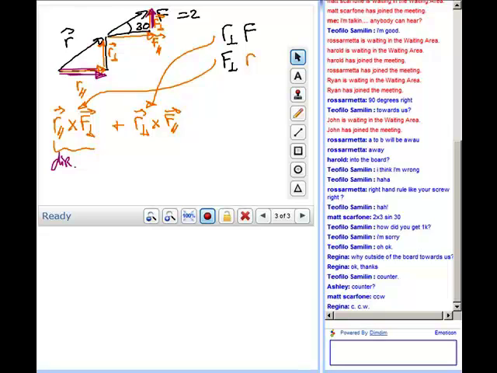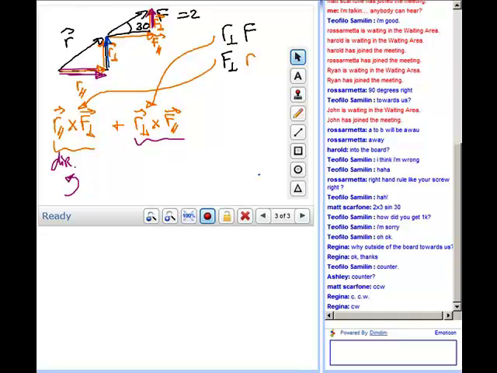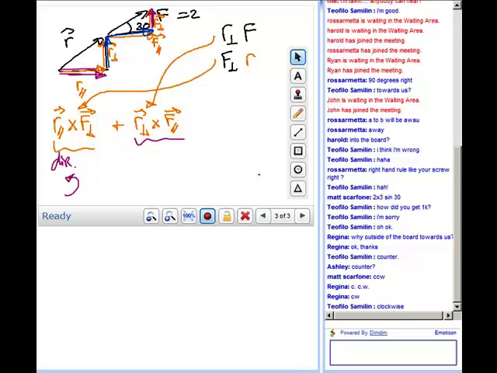Counterclockwise, yep. What is going to be the direction of the second term? R perpendicular and f parallel. This is r perpendicular, and then we're going to cross it with f parallel. Exactly. Obviously, the direction is clockwise.